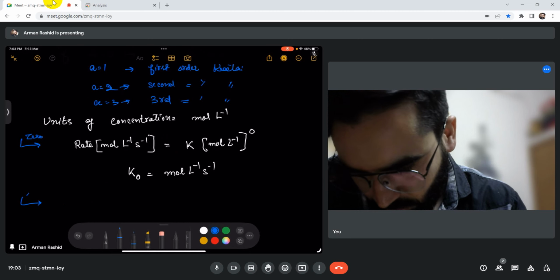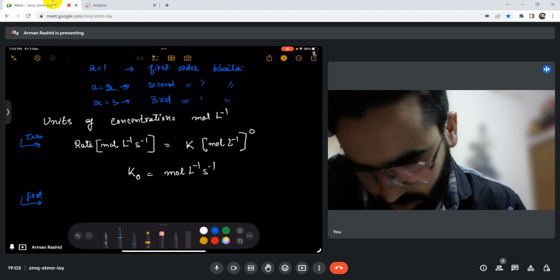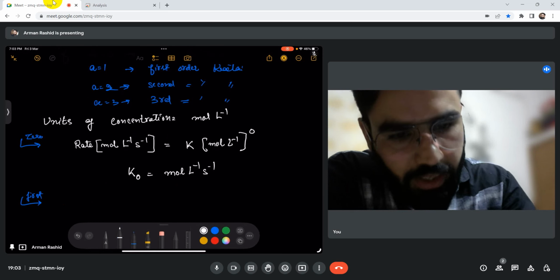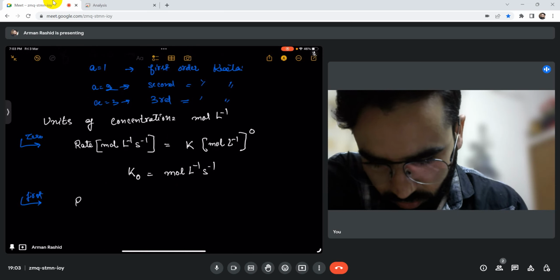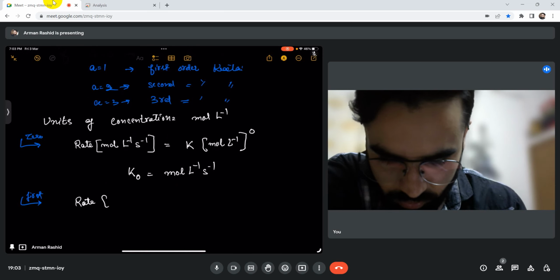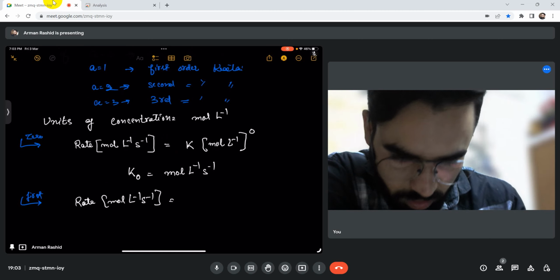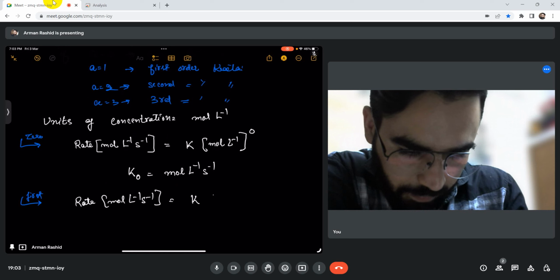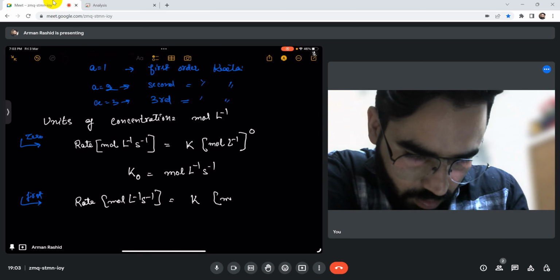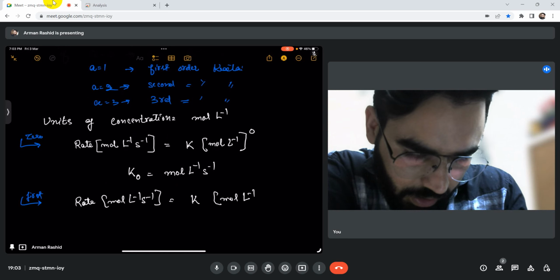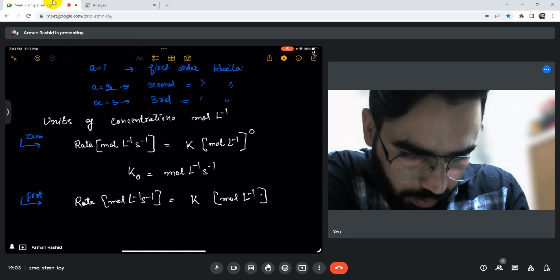Now we have a first order reaction. There also, the rate is K times mole per liter raised to power 1.